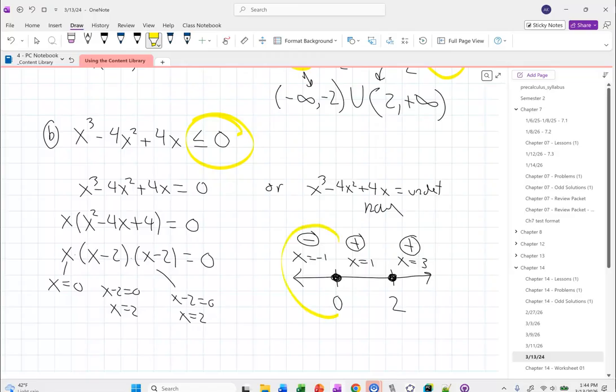This left-hand section, and there's one other spot, at 2. Specifically, at x equals 2, this thing is equal to 0, so that counts as part of my solution. The 2 is filled in, it's included. Okay?